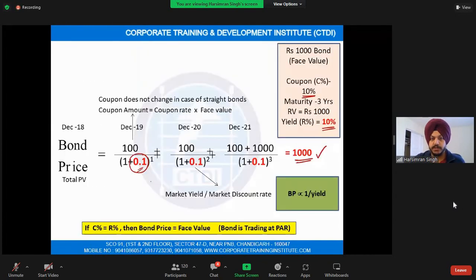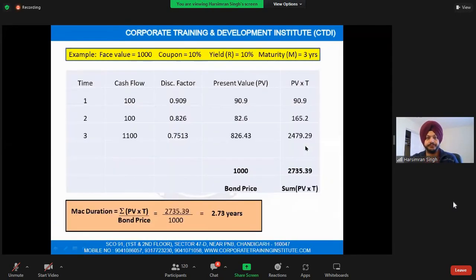So this question is the same: the bond promises 10% interest and the market also has a 10% rate, the answer is 1000. So look, after 1 year you get 100 rupees, face value is 1000, coupon is 10%, interest rate is 10% in the market. You have given money to the government for 3 years.